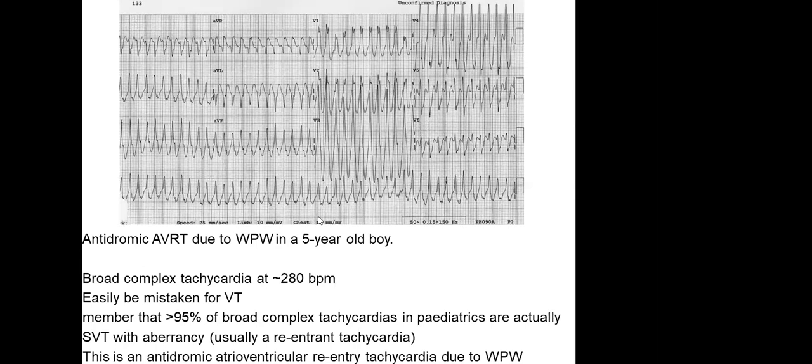We should always remember that in pediatrics, more than 95% of broad complex tachycardia are SVT with aberrancy. That is, in less than 1 to 2 years, the possibility of WPW is very high. And they usually cause antidromic atrioventricular reentry tachycardia, and they are the cause.